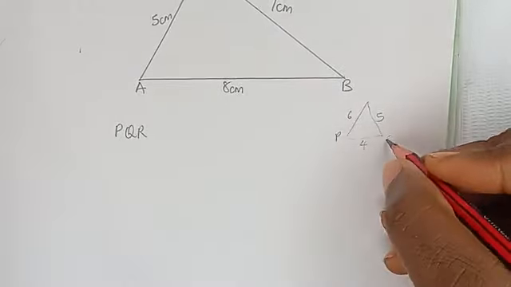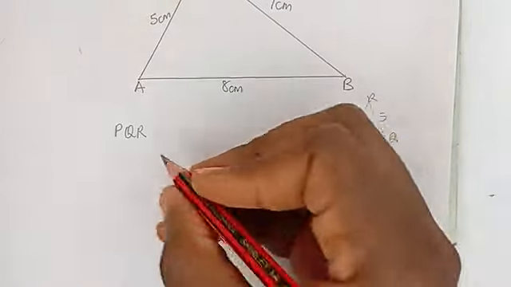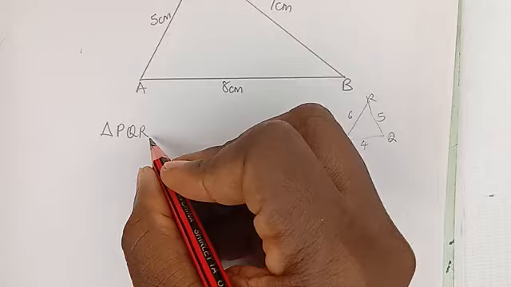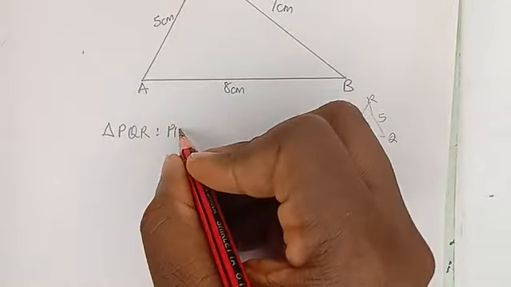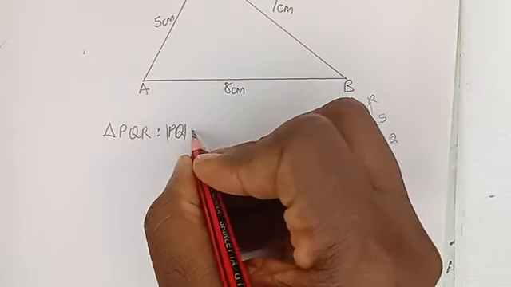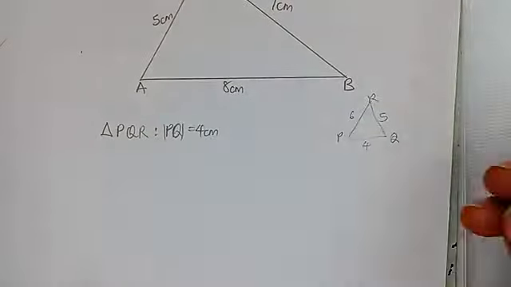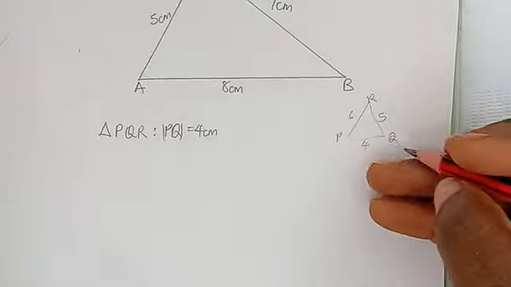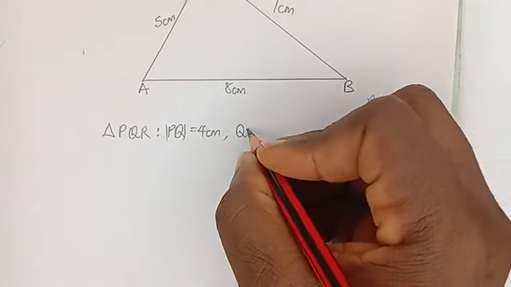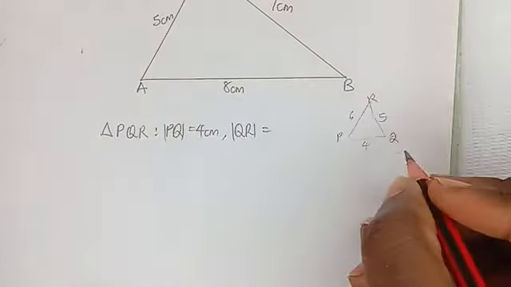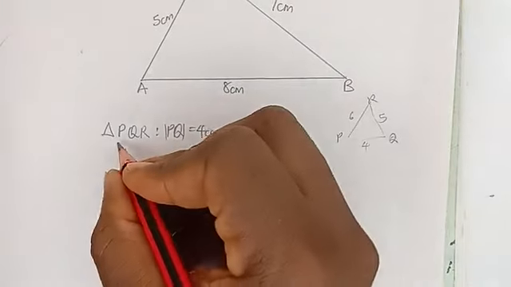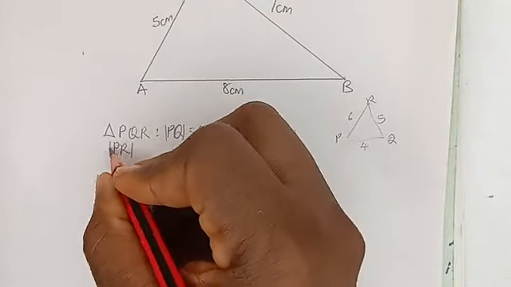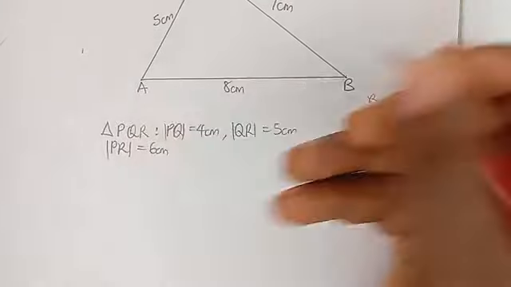So this is PQR, for example. So you have to construct triangle PQR such that PQ is 4 cm, QR is 5 cm, and line PR is 6 cm, for example.